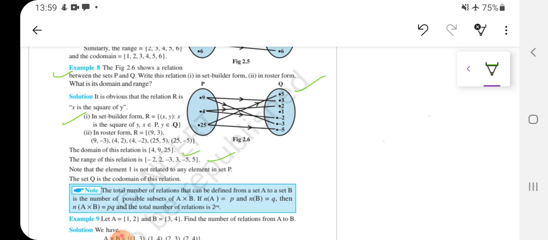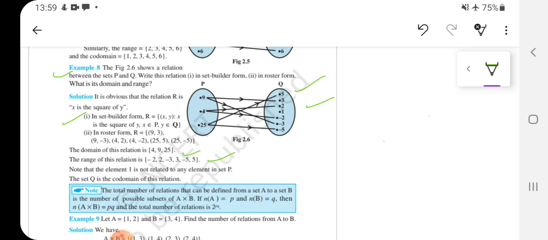X is the square of y. So from here 3 square is 9, 5 square is 25 from the second set. 3 square is 9, 2 square is 4, 1 square will be 1, but we don't have 1 in the P set, right? -2 square will be 4 and -3 square will be 9 and -5 square will be 25. So this is the set builder form, right?